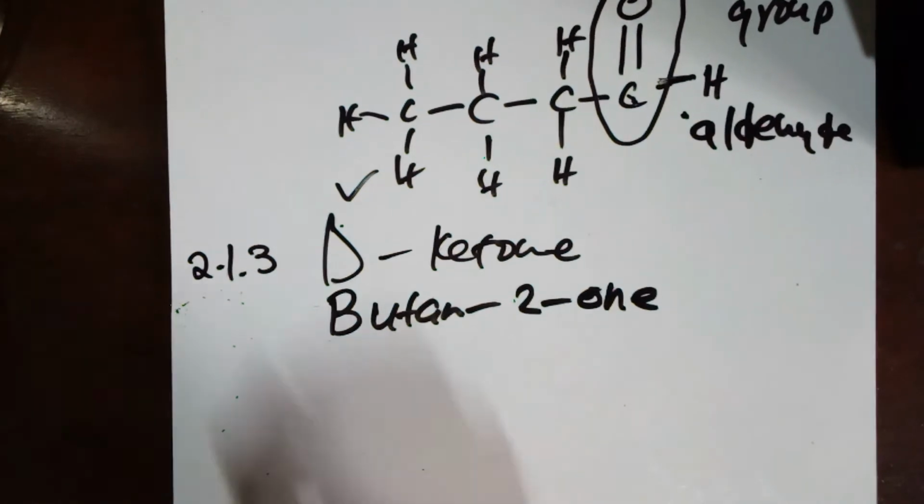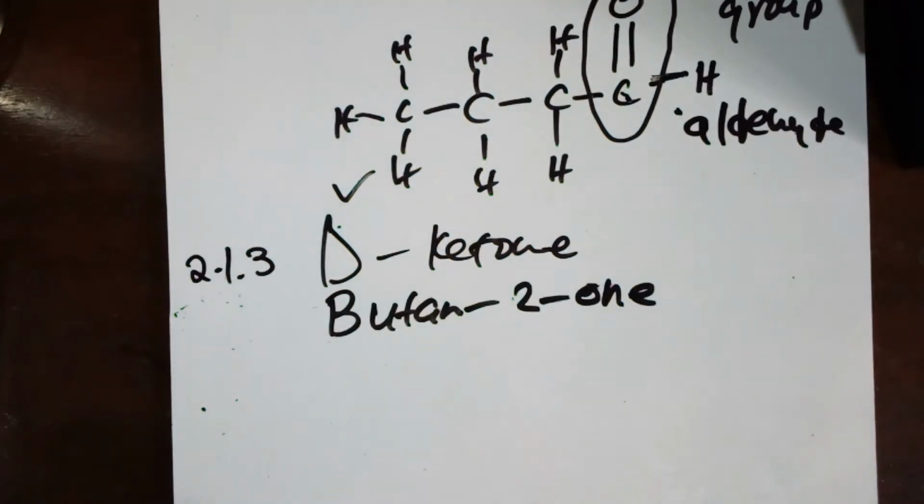And then we're going to continue talking about this ketone as well as the aldehyde in B for question 2.1.4. I'm just going to draw those structures.